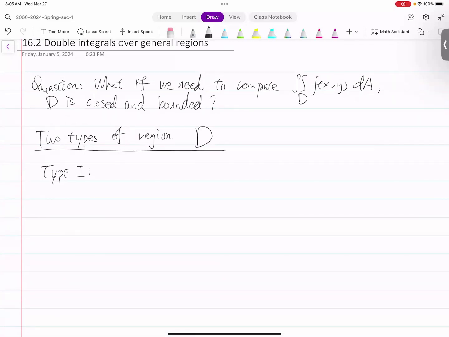There are two coordinates. We think about the range of one of the coordinates. Let's say we have x varying from a to b, but then y is cut between two functions of x, which are called g1 and g2.